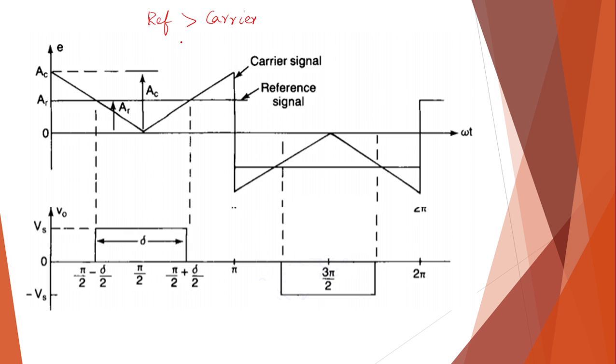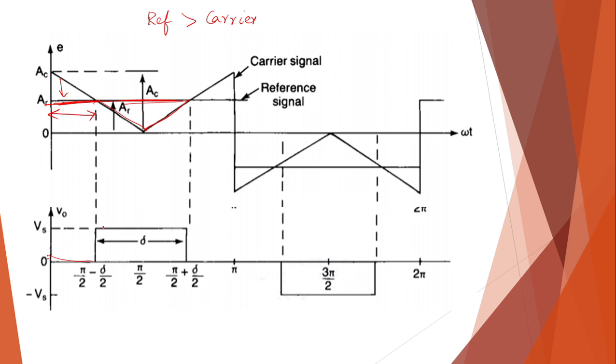And if the reference is less than the carrier, as you can see during the first time period here, your reference signal, the rectangular waveform, is lower than your carrier. So in that case, your output is 0. Then when it comes to this portion, your triangular waveform has come downwards, so your rectangular signal is greater.